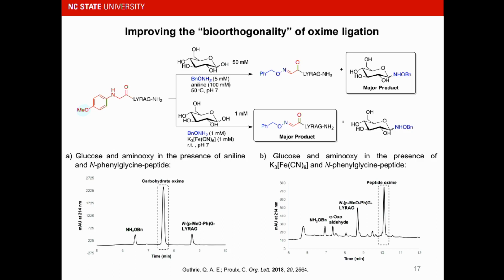Conversely, if you do this in the absence of aniline catalyst, but now in the presence of your potassium ferricyanide, you can now selectively get to your oxime peptide as the major product, and we don't really detect the oxime on the carbohydrate. So we're starting to address this problem of bioorthogonality restrictions that's been plaguing oxime ligation because you used to have to start with an alpha-oxo aldehyde substrate. Now you can start with a different substrate that you can tune in terms of its electronics.